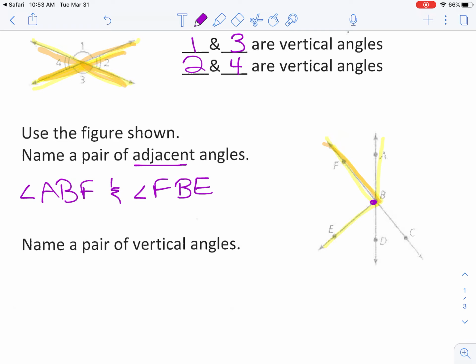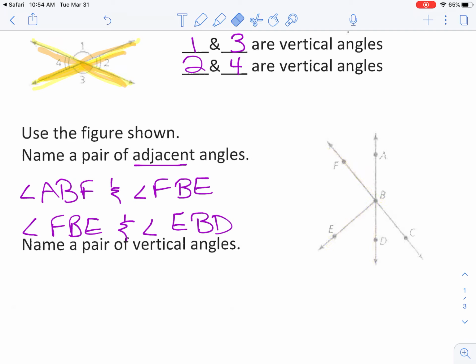They share a vertex. Here's another one. We could say angle FBE is adjacent to angle EBD. Again, they share a side, they share a vertex. Yes, there is more than one answer here.